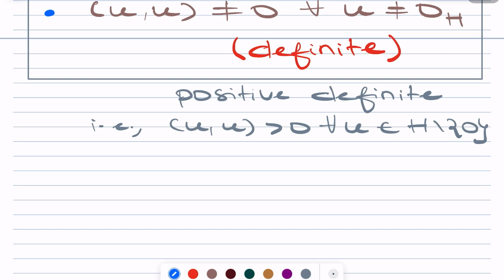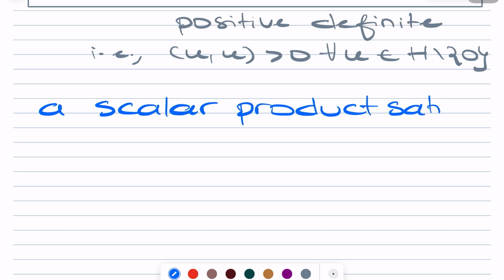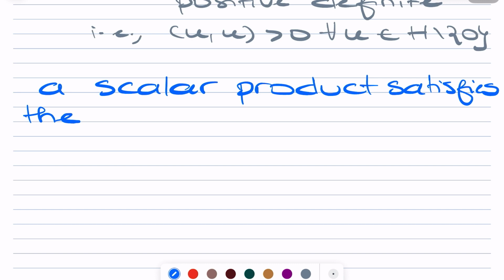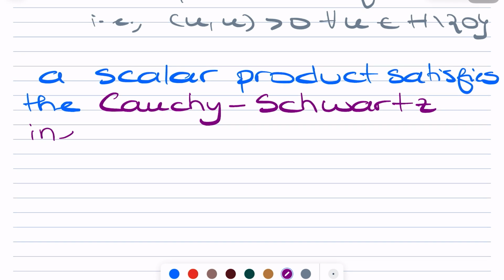Of course, the scalar product satisfies the Cauchy-Schwarz inequality.